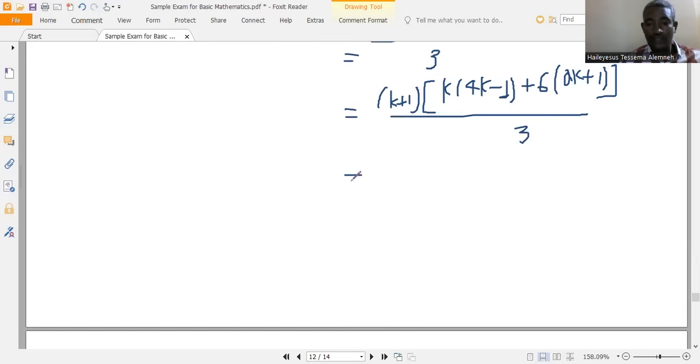So which is the same as k plus 1 times k by k we multiply, which is 4k squared minus k, plus 12k plus 6, over 3.